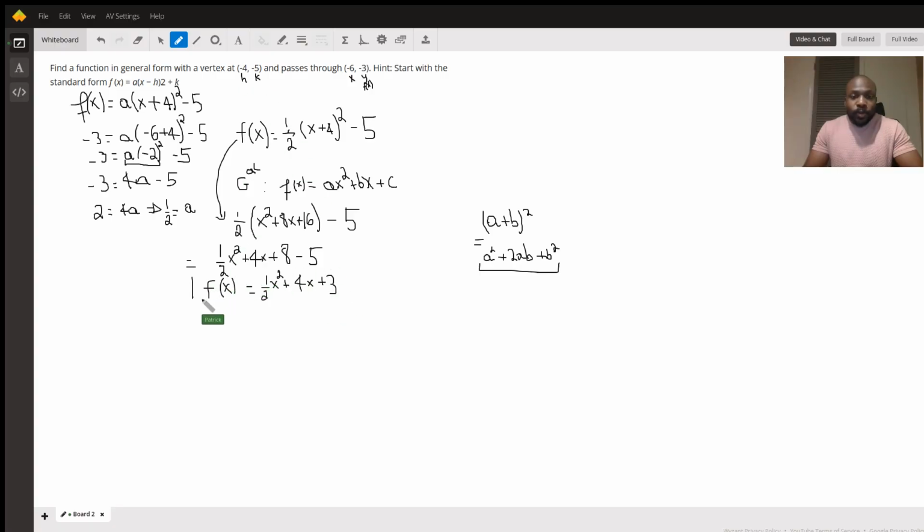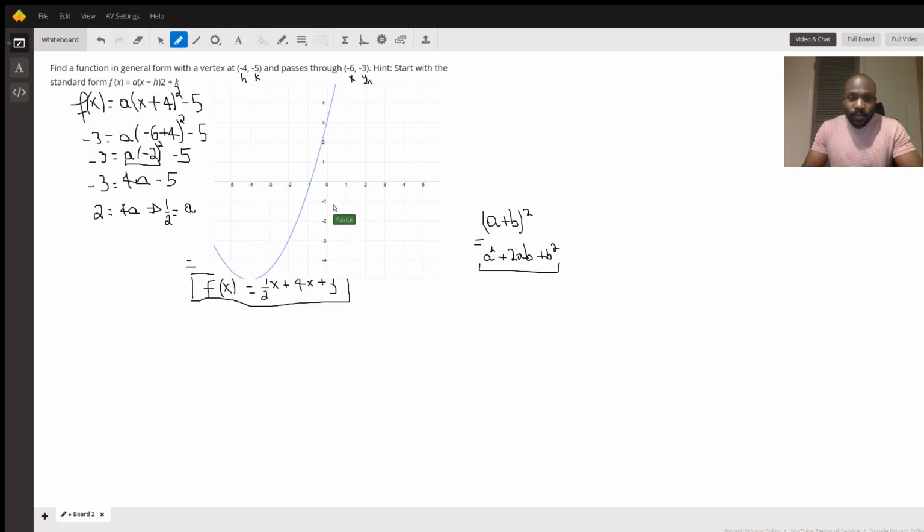And I will graph it for you real quick so you can see that the 2 points we were given actually are on the graph. So let's graph it real quick. So we said it was 1/2 x squared plus 4x plus 3. So let's plot the function, add to graph.